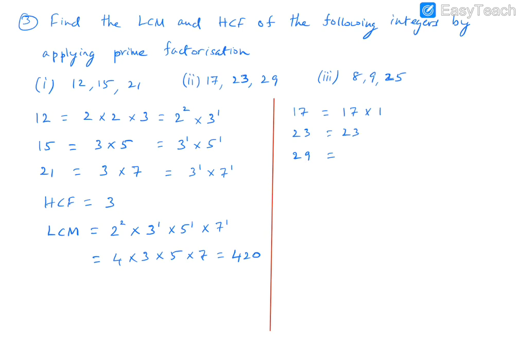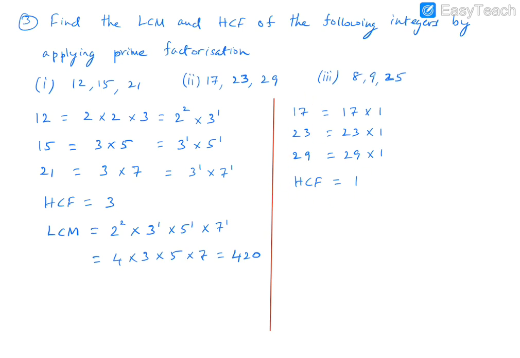Similarly, 23 as 23 into 1, and 29 as 29 into 1. So therefore, the HCF of these three numbers is 1. So the common term available is the number 1. So 1 is the highest number that goes in all these three numbers.